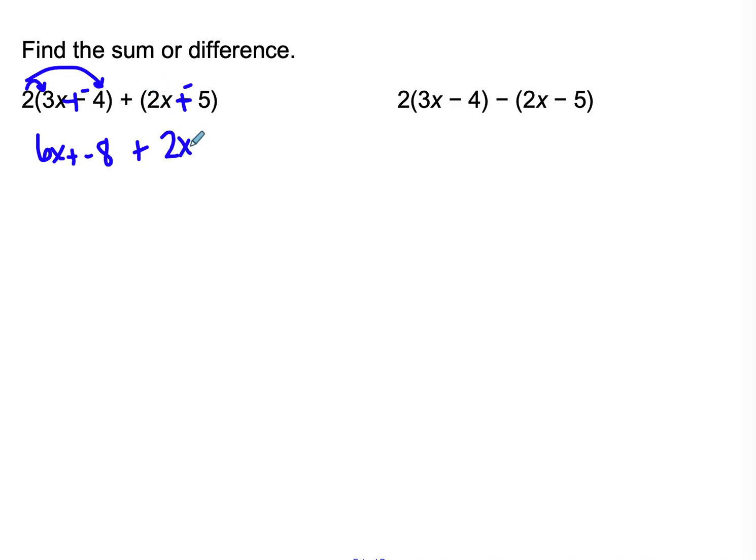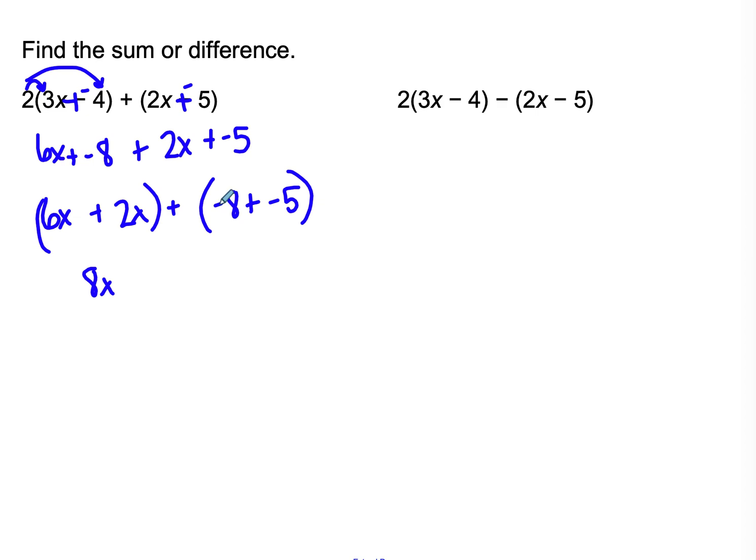Plus 2x plus negative 5. All right, like terms, 6x plus 2x, and then negative 8 plus negative 5. 6x plus 2x is 8x. Negative 8 plus negative 5 is negative 13. So 8x plus negative 13 is my answer for the sum.